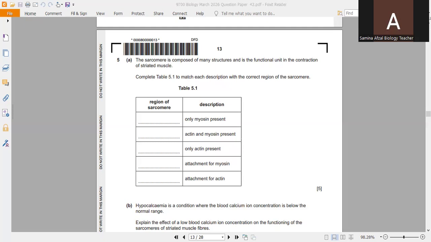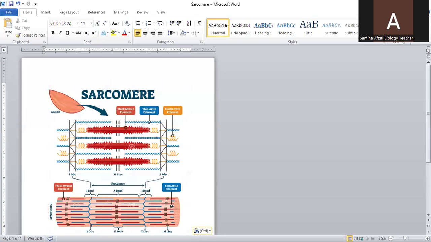For this purpose, we have to look at the parts of the sarcomere where all these are present. The first is where only myosin is present. Here you can see the thick filaments are of myosin and the thin filaments are of actin.